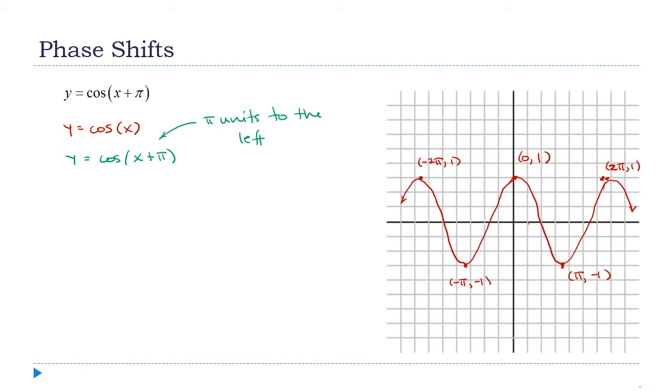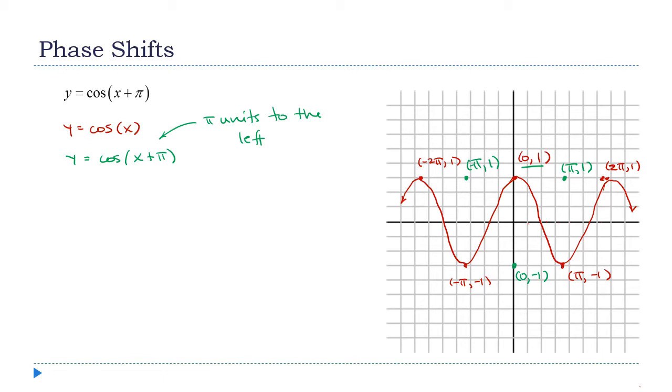So the point that was at (2 pi, 1) gets moved pi units to the left. So now it's at (pi, 1). This point that was at (pi, negative 1) gets moved pi units to the left. Now it's at (0, negative 1). This point up here gets moved to (negative pi, 1).